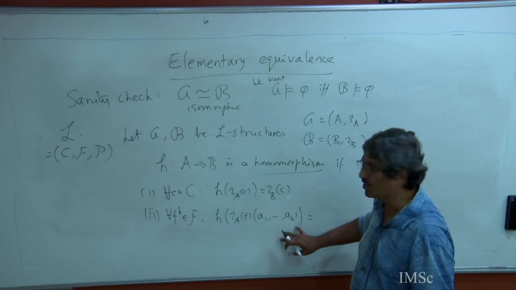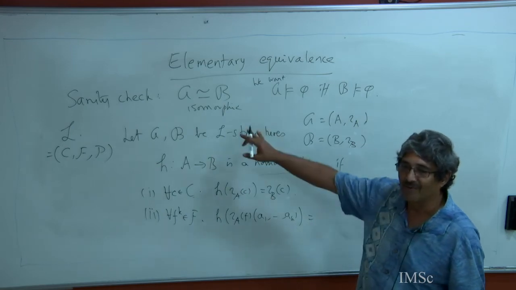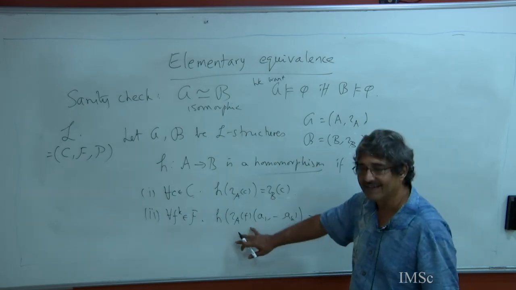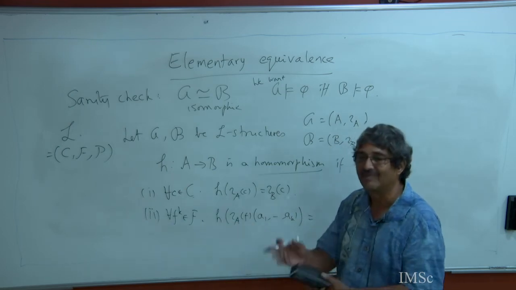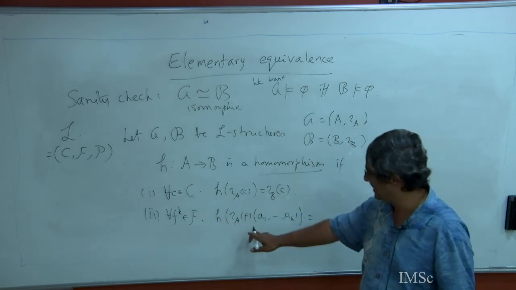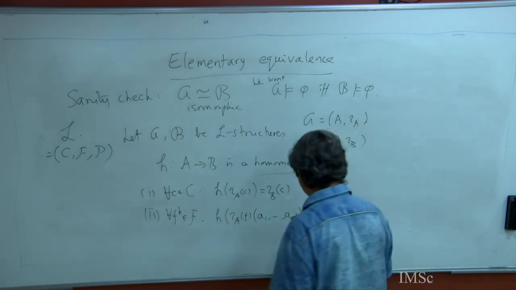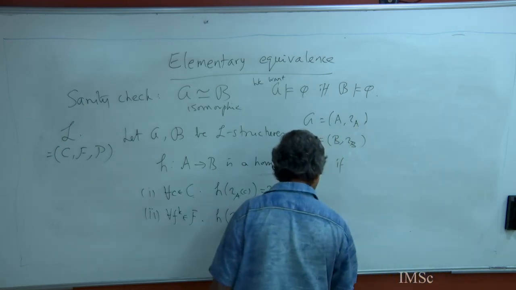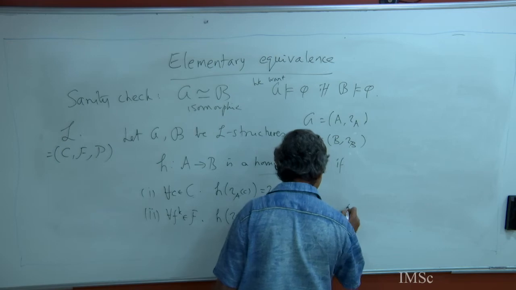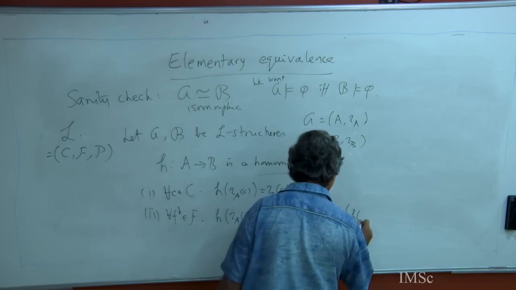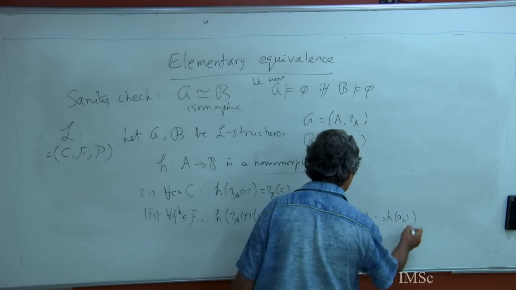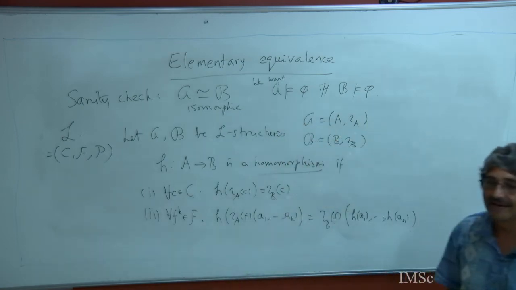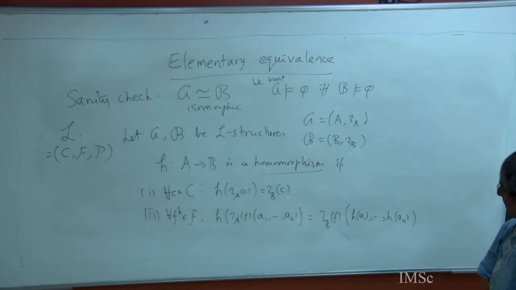Now, I take a K-tuple in the domain A, apply whatever interpretation you are giving me here, I get some element of A and I apply H to that. That should be the same as the B interpretation of F applied to H of A1, H of A2, up to H of AK, right?